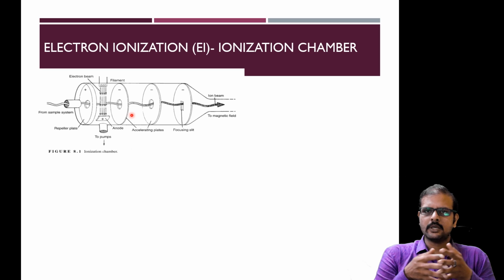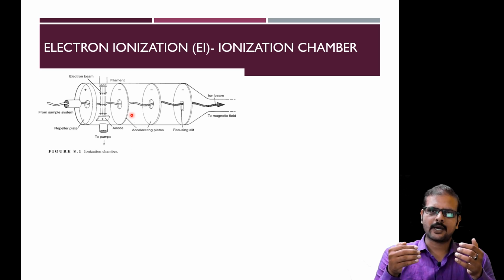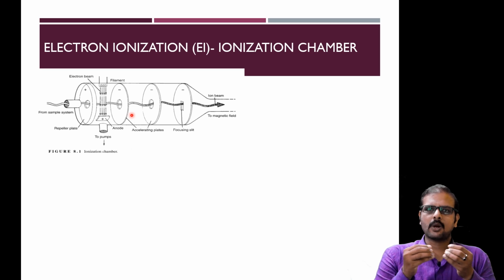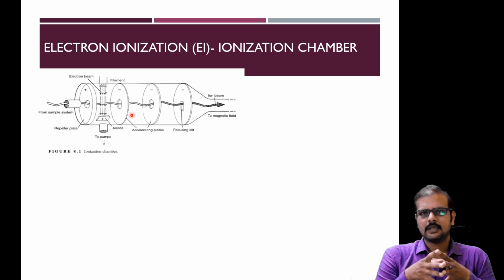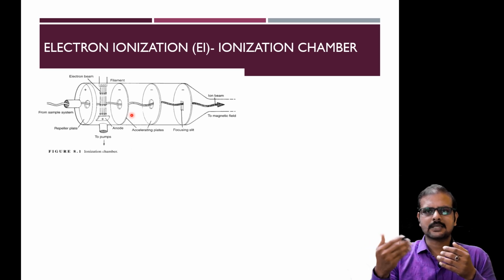The molecular ion which is formed by the collision will have a very short lifetime, about 10 to the power of minus 5 seconds. If it is less than 10 to the power of minus 5 seconds, it will collapse or degrade into small fragment molecules. If it is above 10 to the power of minus 5 seconds, it will travel to the mass analyzer.